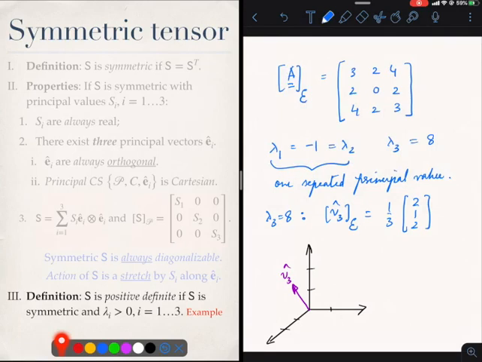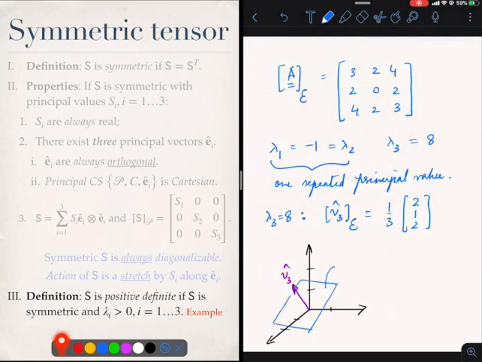Now what this property tells me is that the other two principal vectors will exist and they will be normal to V3. That means I expect them to lie in a plane normal to V3.